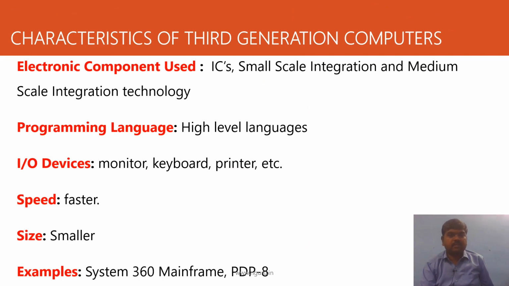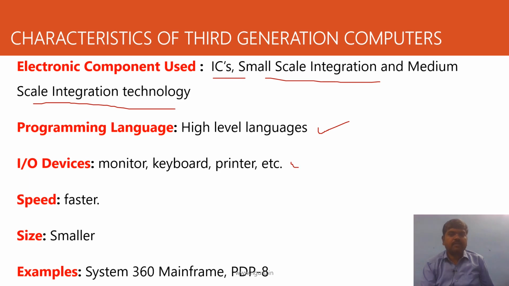Characteristics of third generation computers. Integrated circuits were used for small scale integration and medium scale integration technology, that is IC, integrated circuit technology. High level programming languages were there.